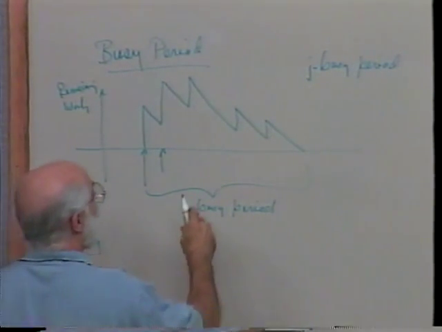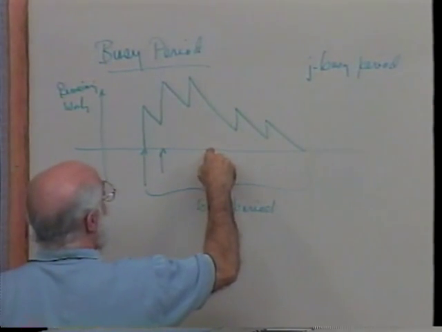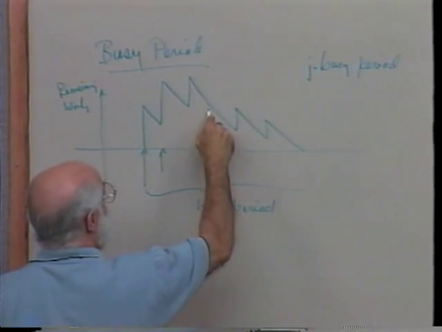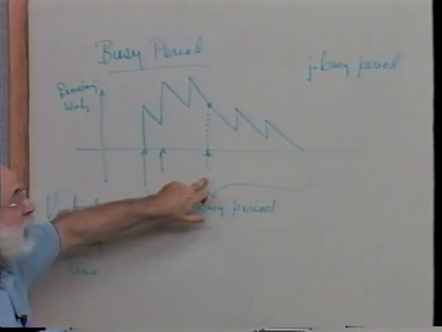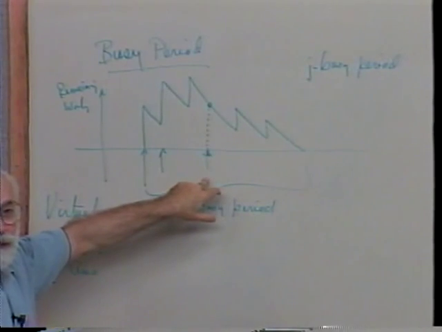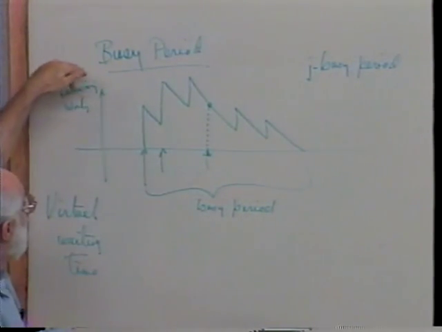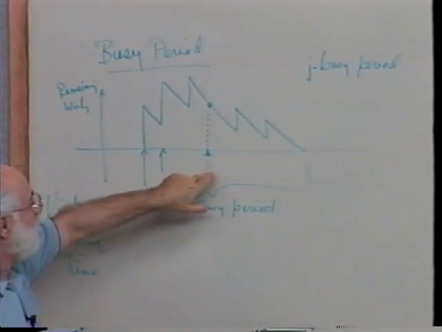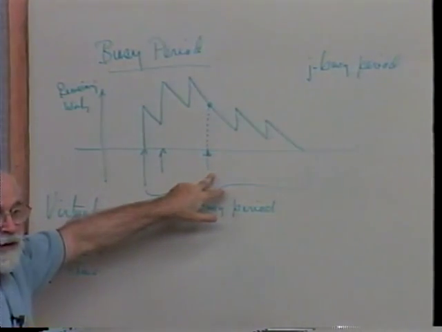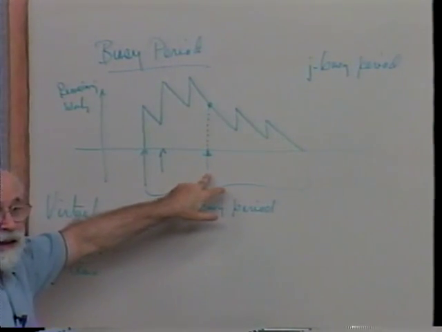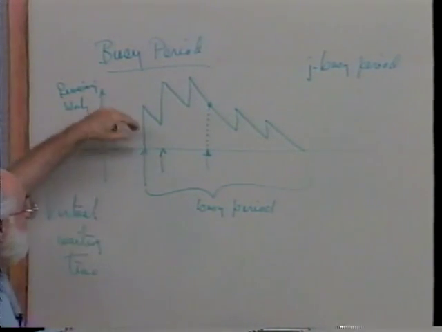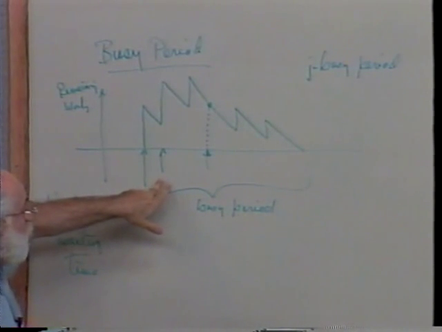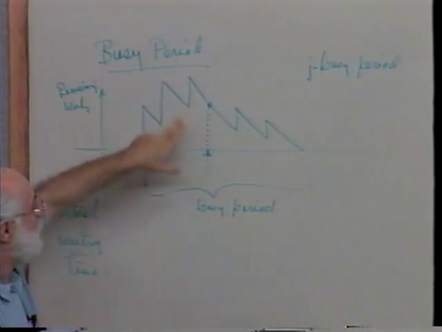Then, if a customer arrives at random, at any point in time, the height of this graph is the amount of waiting time that there would be if that were an arrival instant. So if I can figure out the height of this graph as a function of time, then by PASTA, I can calculate the waiting times. Because when the graph is drawn, of course, the arrivals cause the jumps up.